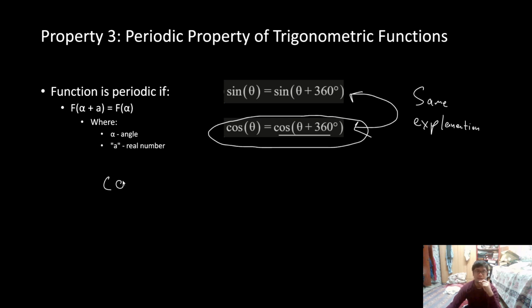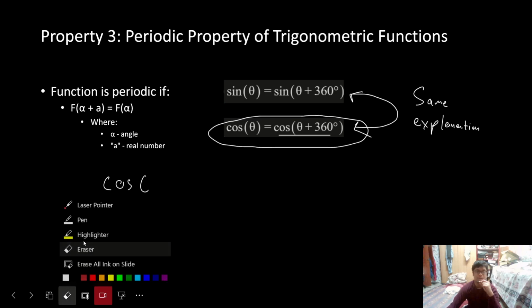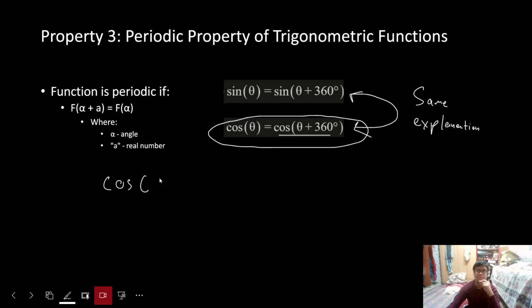So let me give you an example. Suppose we have cosine of, let's just say, 60 degrees. Here, we can have cosine of theta plus 360 degrees, which is 60 degrees plus 360 degrees.